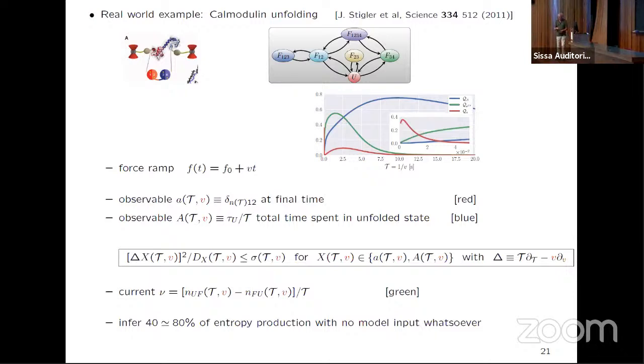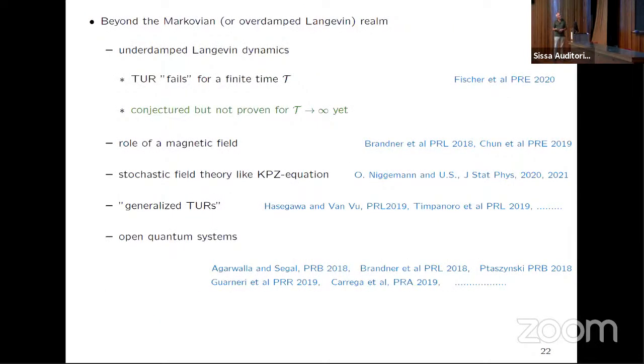Okay, let me, on one slide, I think that's the last one, briefly mention situations which go beyond the Markovian regime. So we know that for underdamped dynamics, it fails for finite time. We believe that it's true in the infinite time limit. As far as I know, there is no proof yet for underdamped dynamics.